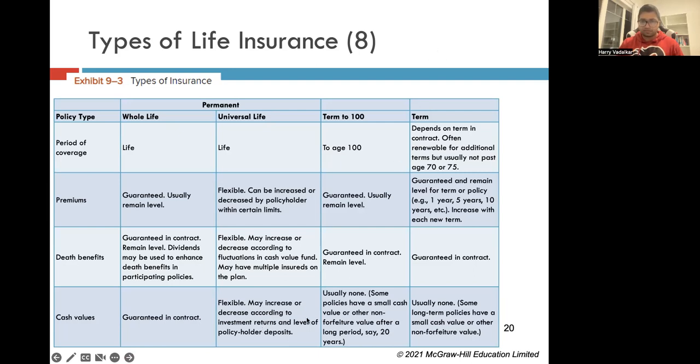Okay. Term to 100, the cash values are usually none. And term policy also, cash values are not there. Term policies only pay if the policyholder dies, and do not pay if you return the policy back.